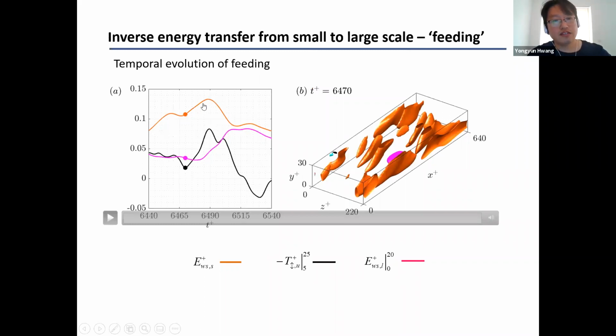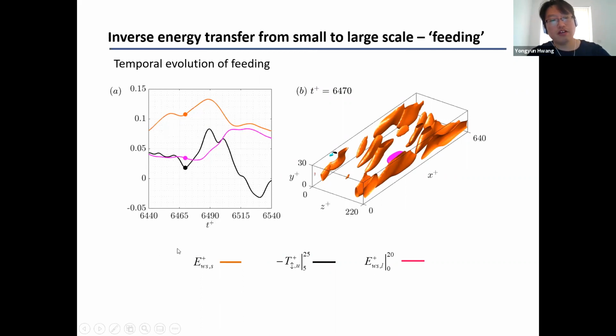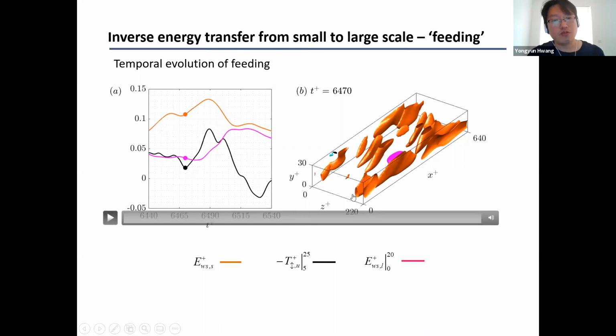Here you see that this orange line is the wavy energy component of the small-scale structure, which represents the strength of the waves, or the instability, at the small scale. We visualize only the region very close to the wall, y+ from 0 to 30. And the black line is the energy transport.